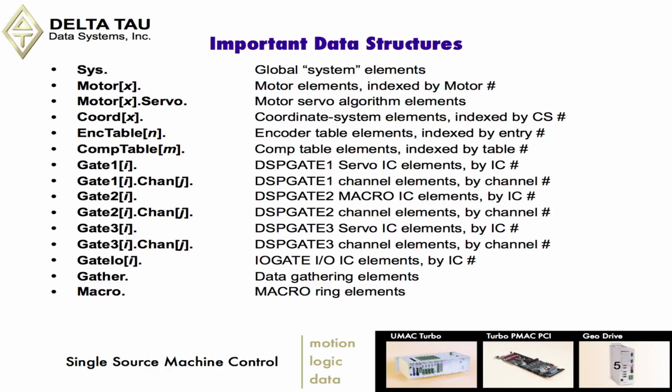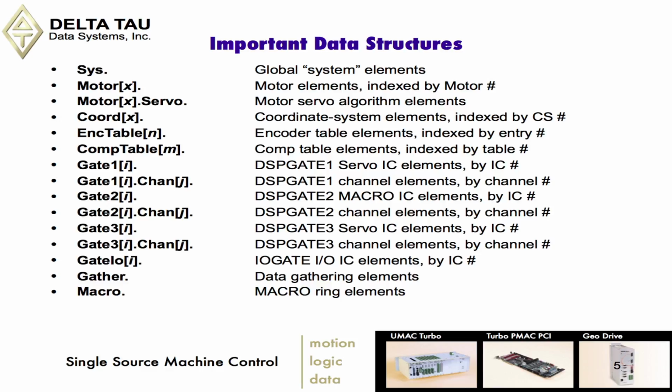Some of the elements have another sub-element, like Motor[x].Servo.whatever that happens to be. These are the motor servo control elements that belong to the servo algorithm. Then there's Coord[x], EncTable[x], CompTable, Gate1, and then Gate1. These are upper-level names that are global to the entire servo gate.